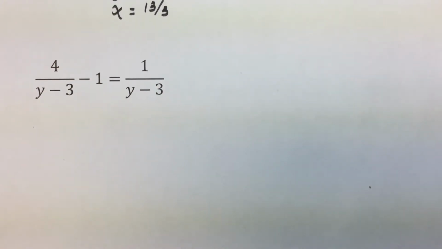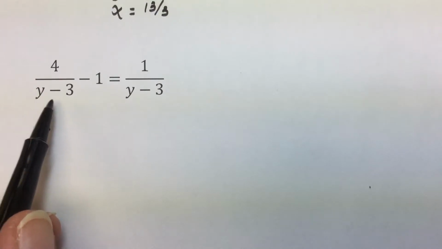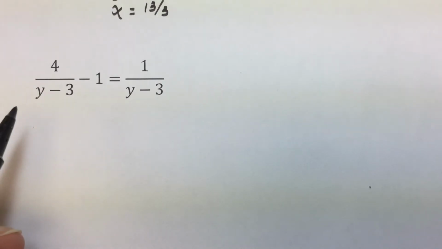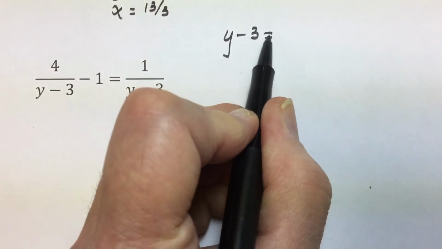Here we have another rational equation with a variable in the denominator, so we do need to determine any restrictions that exist. We do not want numbers for y that make this denominator equal to 0, so we are avoiding this happening.